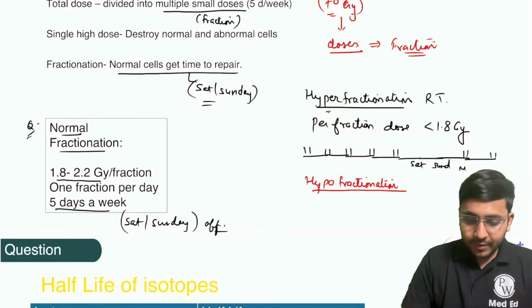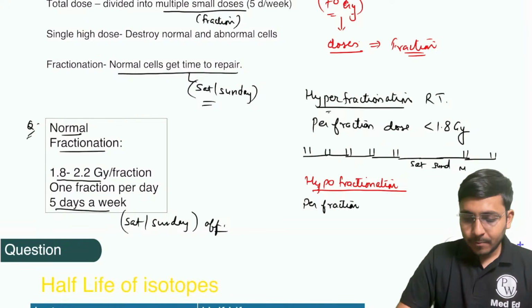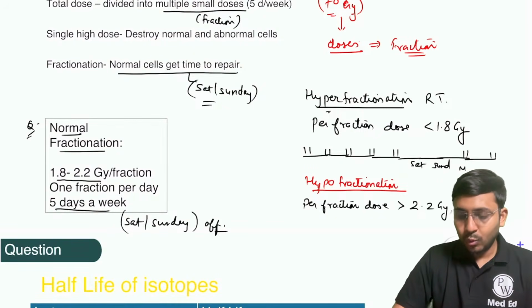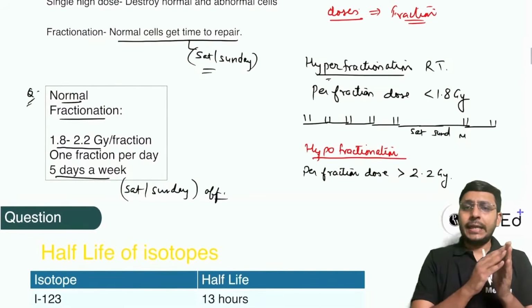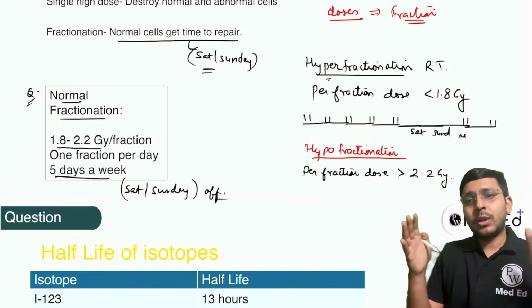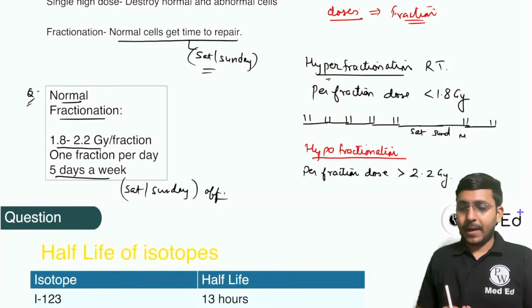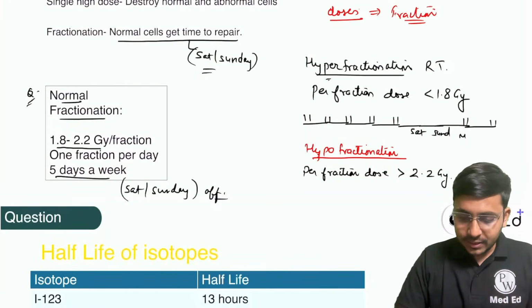So per fraction dose क्या करोगे आप, बढ़ाओगे कि कम करोगे? Per fraction dose you have to increase, right? So the per fraction dose is more than 2.2 gray, you can reduce the total number of fractions, right? So this is hypofractionation.